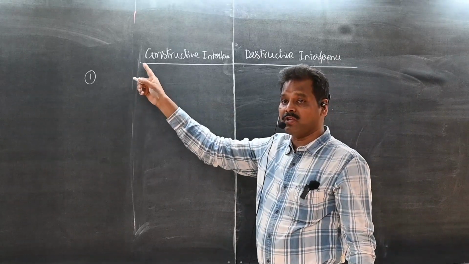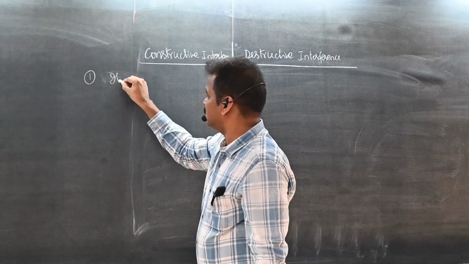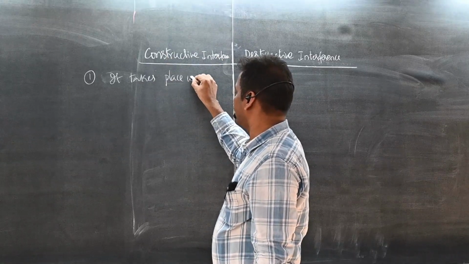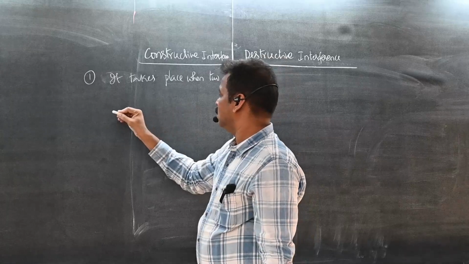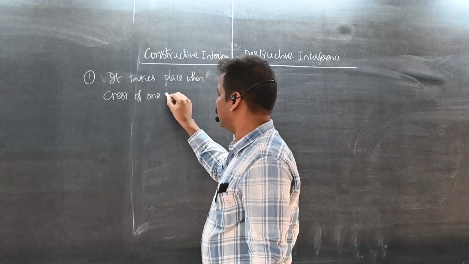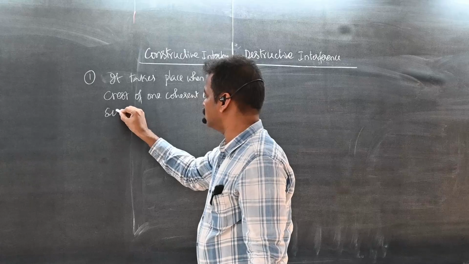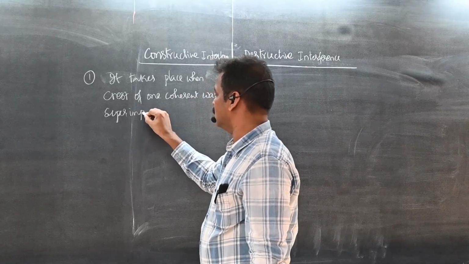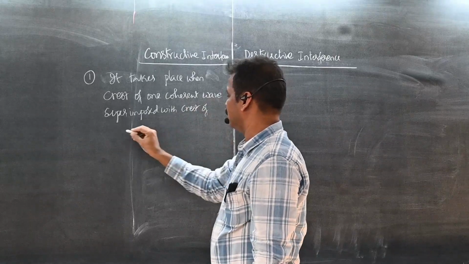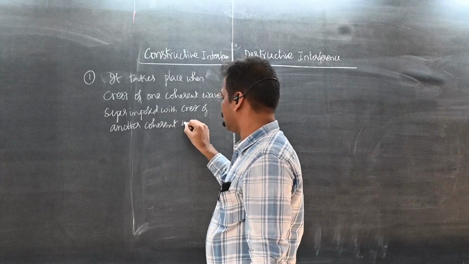So constructive interference takes place when the crest of one coherent wave superimposes with the crest of another coherent wave.